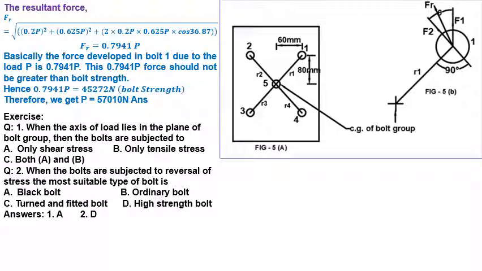Now we come to question number two. When the bolts are subjected to reversal of stress, the most suitable type of bolt is high strength bolt. We must perform this exercise. And in the next lecture, we solve the remaining numericals on first type and second type of eccentric connections.